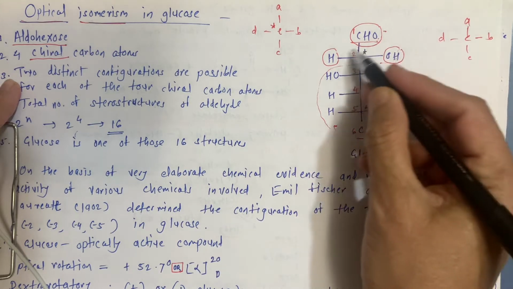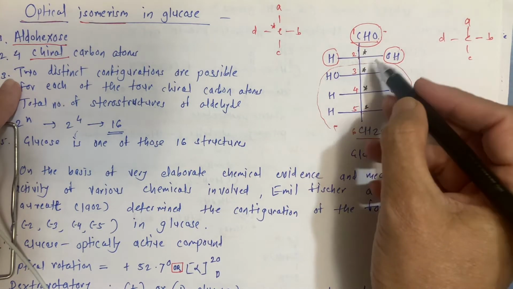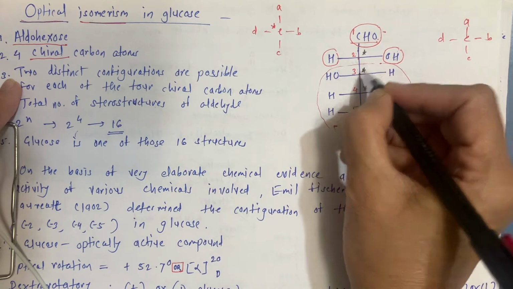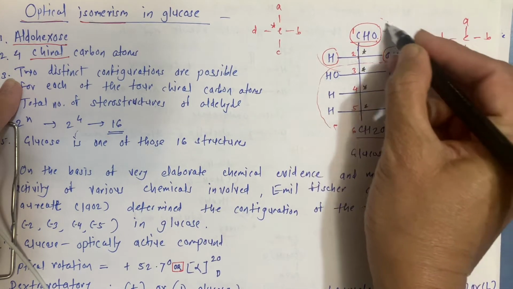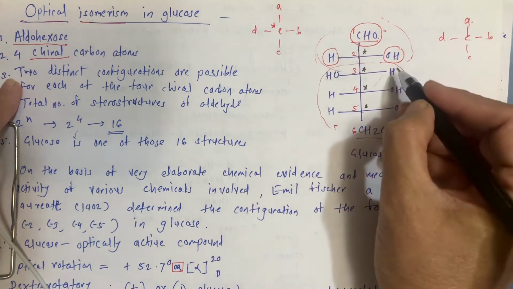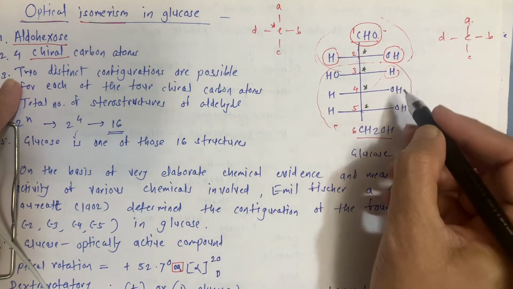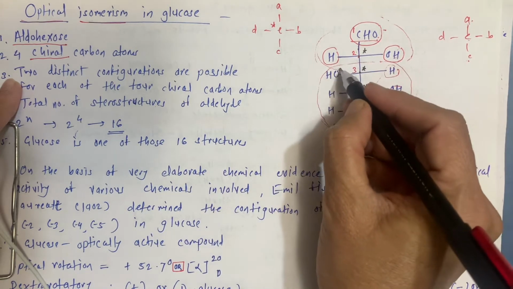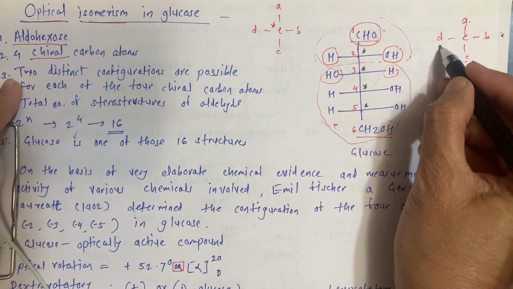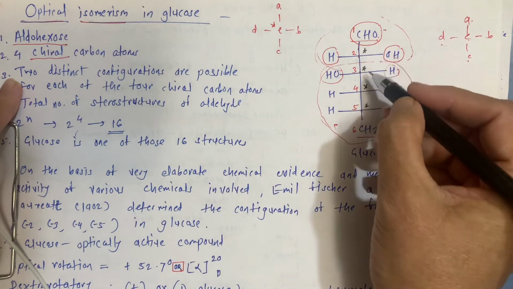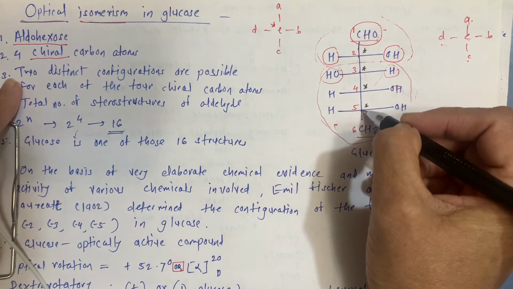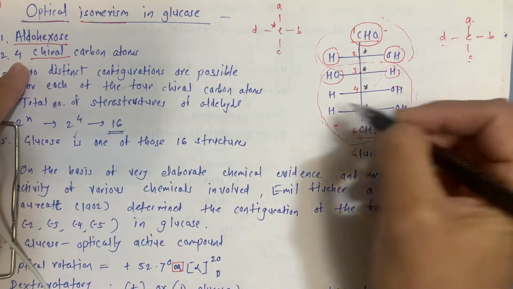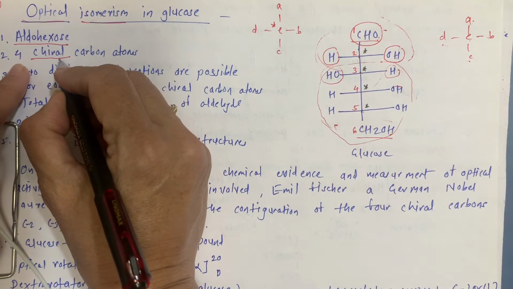You can think about how we are going to differentiate. See here, if you think of this C, then this one is A, then this one is B, then all the remaining part is C, and then this one is D. Just like this you can go for carbons 4 and 5 also, and then you can say all these 1, 2, 3, 4 carbons are chiral carbons.